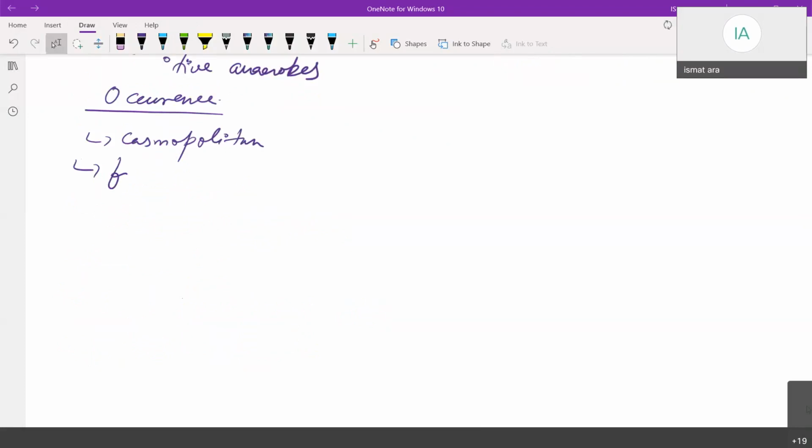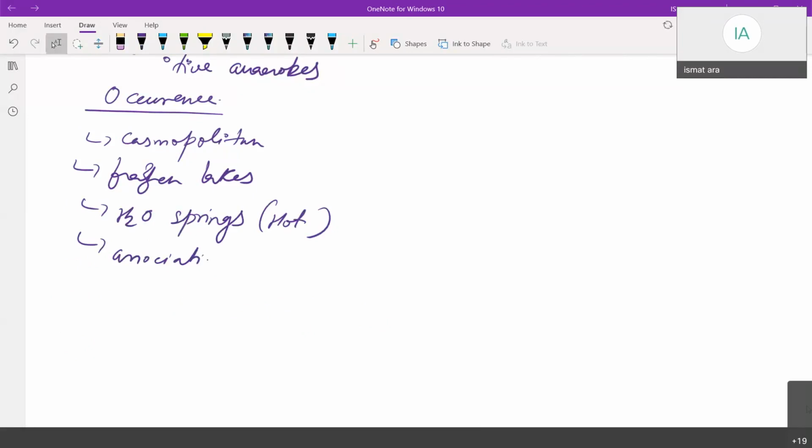Where, students? They are found on frozen lakes, in hot water springs, and they also come under association with eukaryotes.